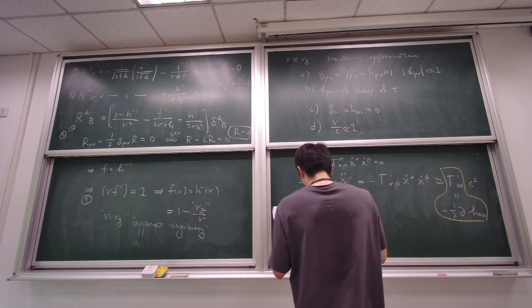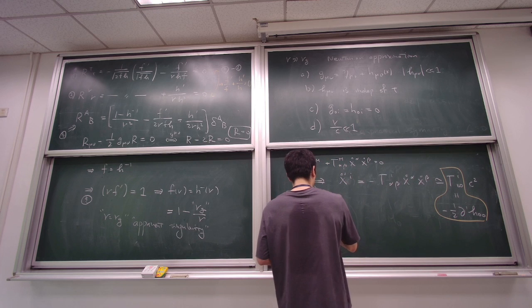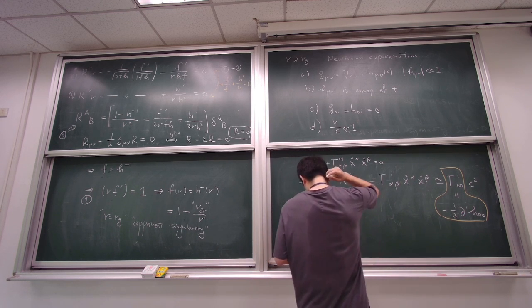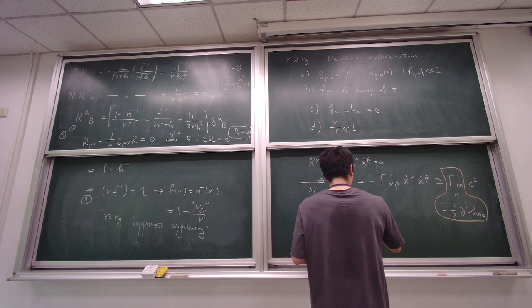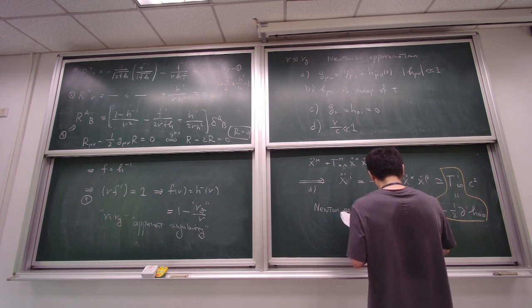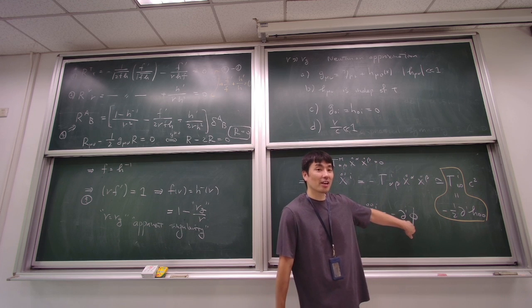So if you compare with the Newton equation, this is equal to, as you know, the acceleration i equals minus del phi. This is the gravitational potential.